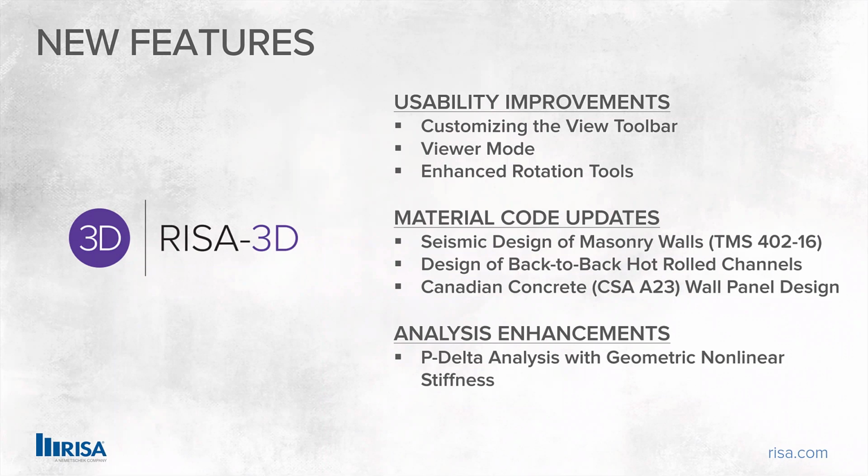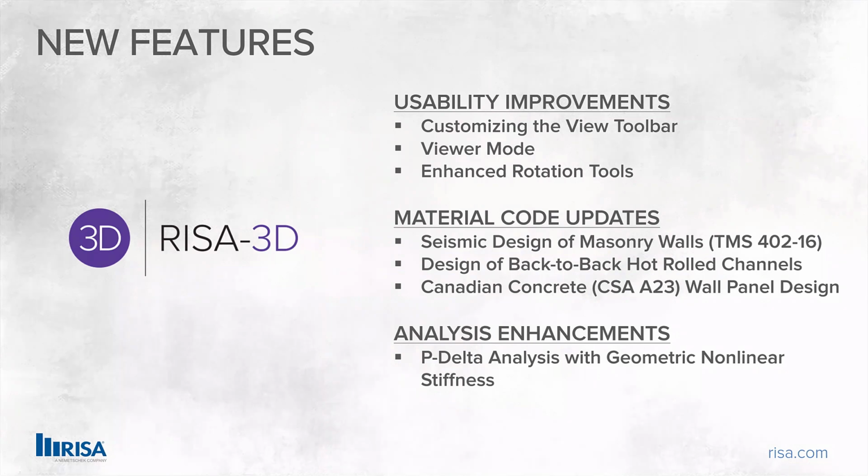We've also added design of back-to-back hot rolled channels in RISA 3D, and finally concrete wall design according to the Canadian CSA codes as well. That's another really big request from a variety of users as people do more and more multinational US and Canadian projects in RISA.